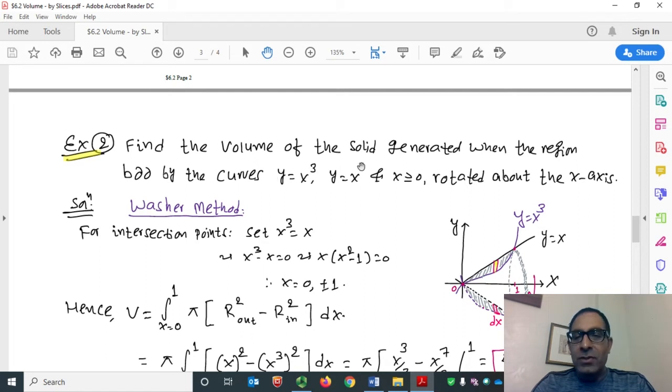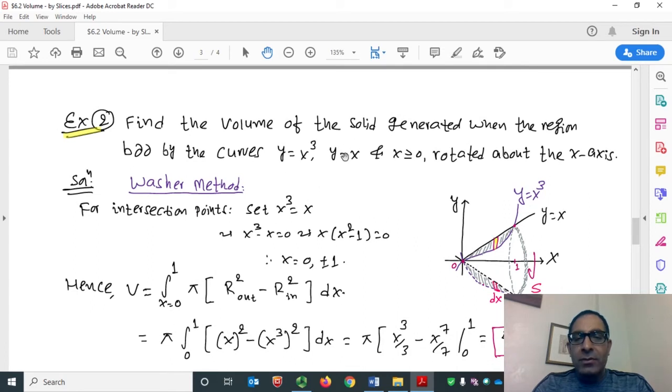Find the volume of the solid generated when the region bounded by the curves y equals x cubed, y equals x, and x greater than or equal to 0, is rotated about the x-axis. Here I have two functions, so we are using the washer method. Let's begin the solution.